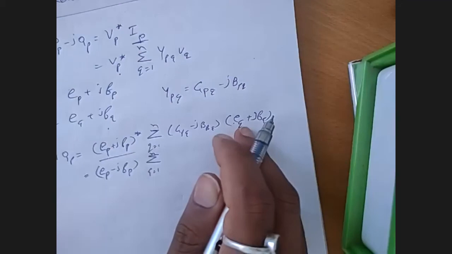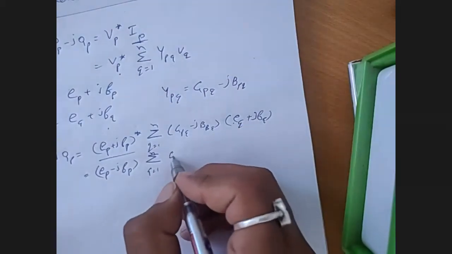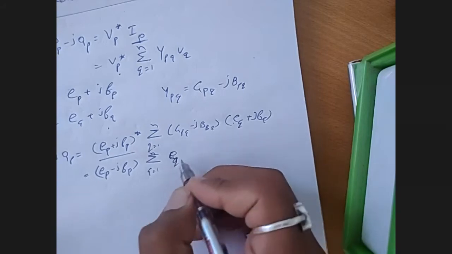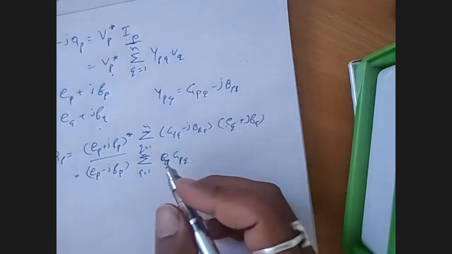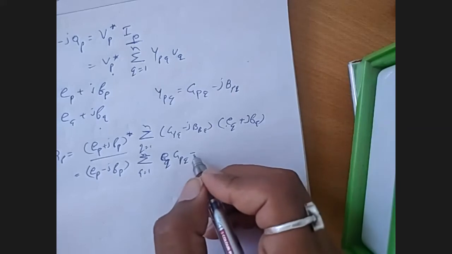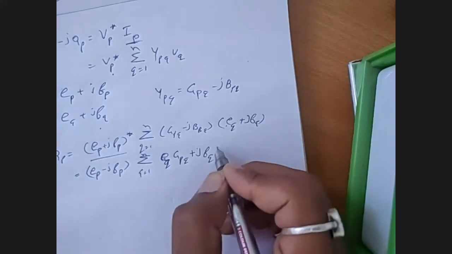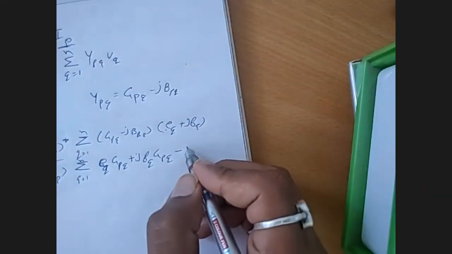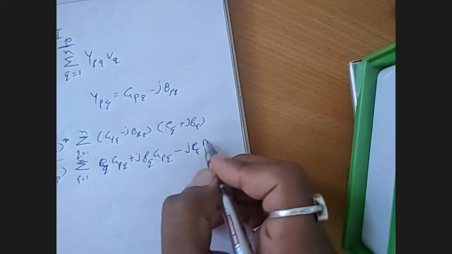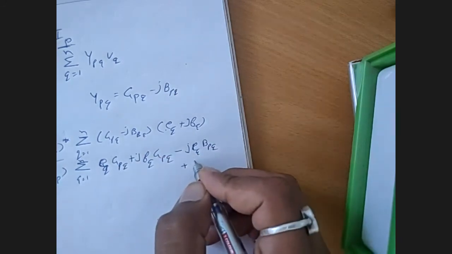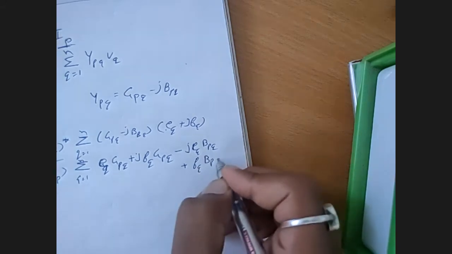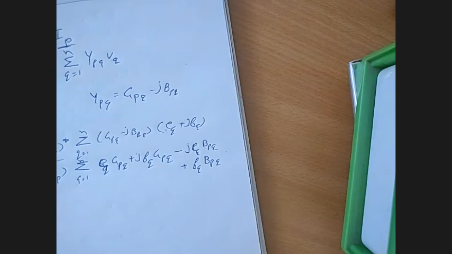We multiply these both terms, so this will become Eq Gpq plus jFq Gpq minus jEq Bpq plus Fq Bpq. So this is what you get when you multiply these terms.